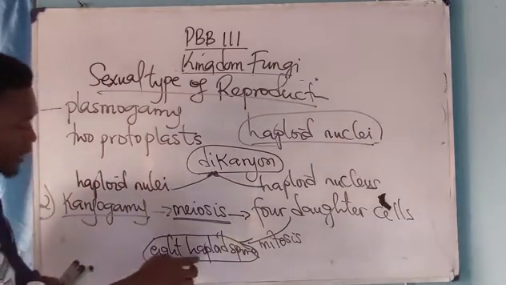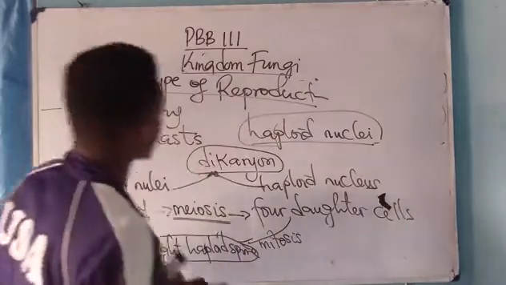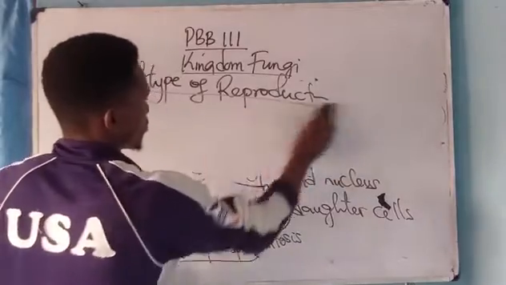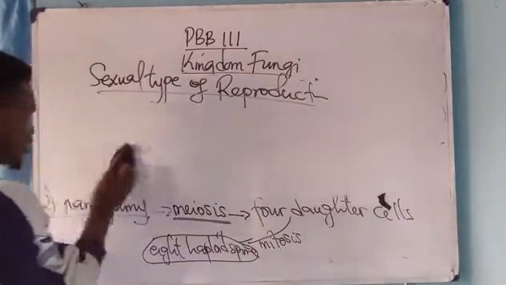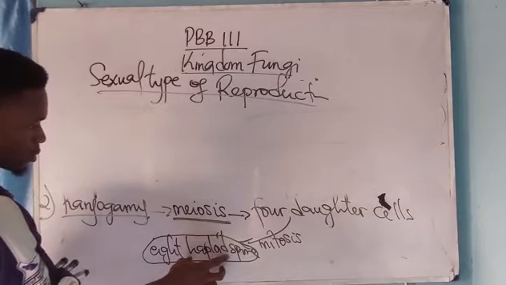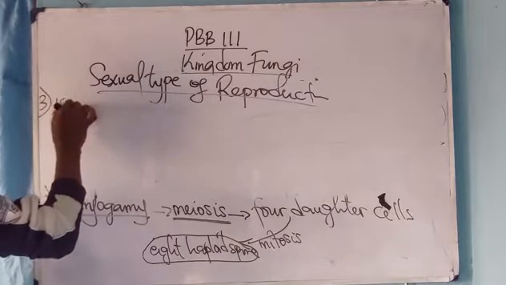Now these 8 haploid spores would undergo isogamy, which is the third one.